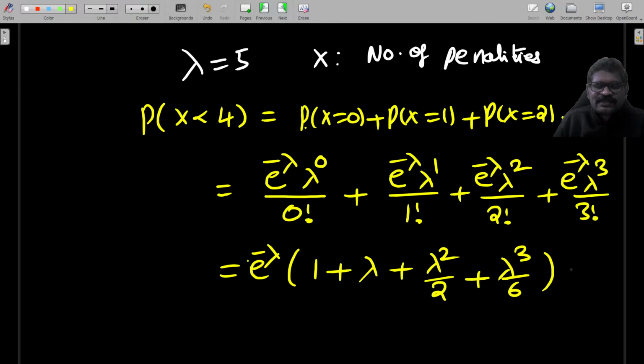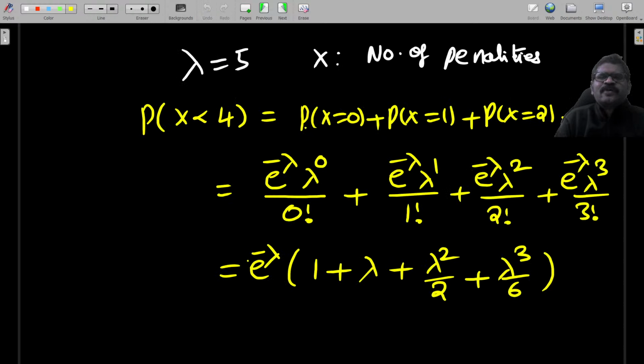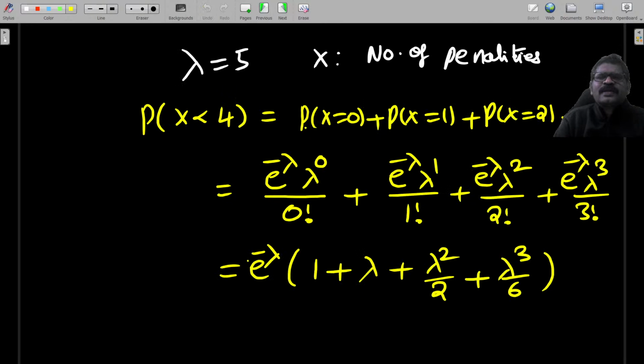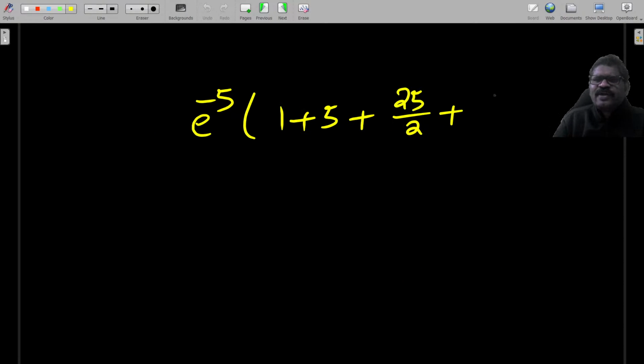Now substituting the value of lambda equal to 5, we get e power minus 5 of 1 plus 5 plus 25 by 2 plus 125 by 6.